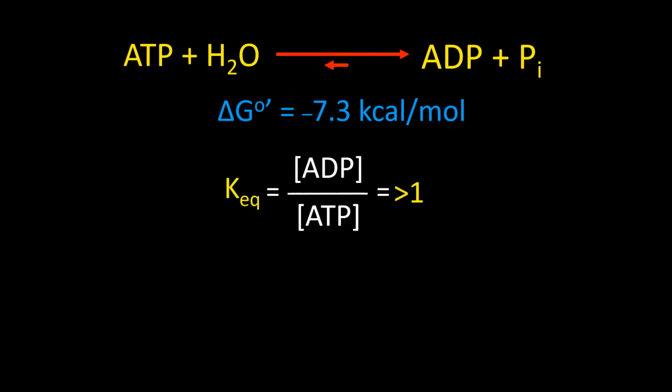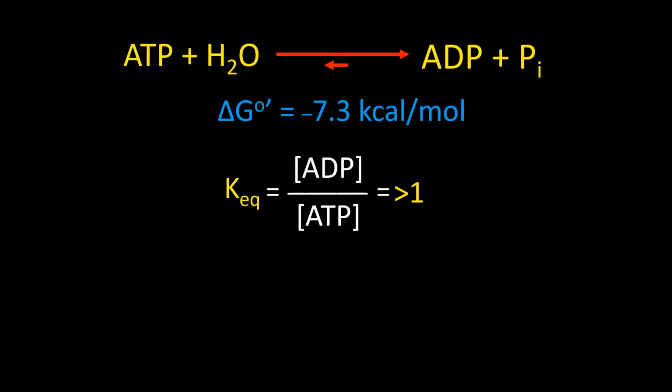We also take note of the equilibrium constant of this reaction. Take note here, the concentration of ADP must be really high as compared to the concentration of ATP in order for the equilibrium constant to be reached in this particular reaction.